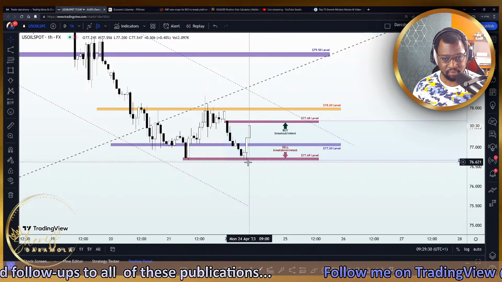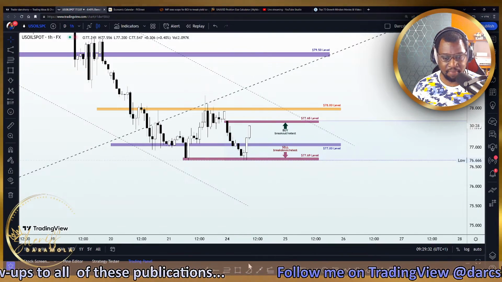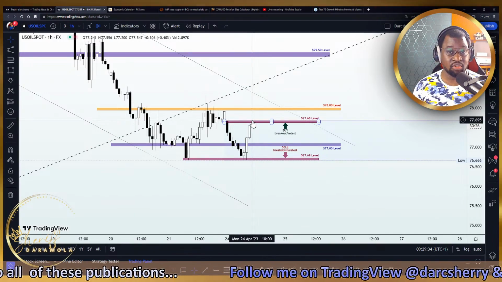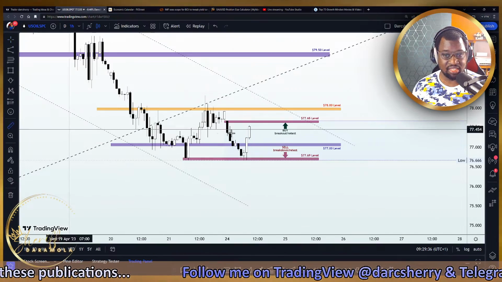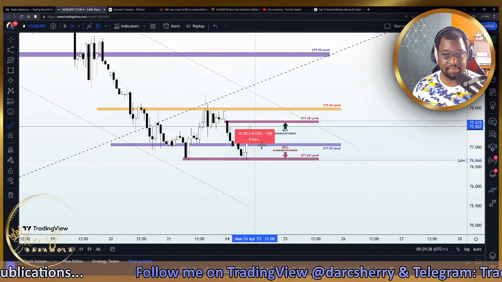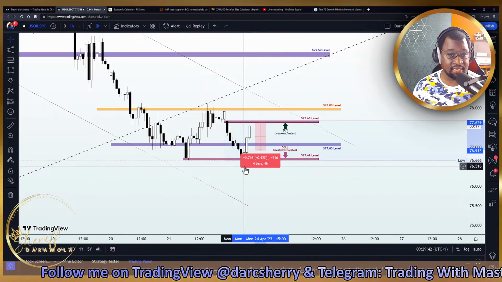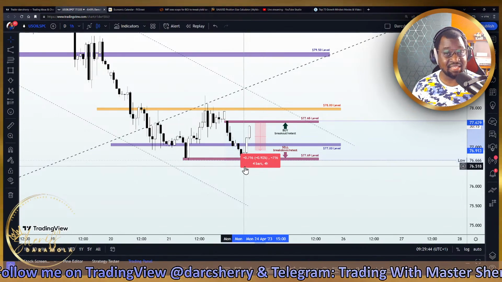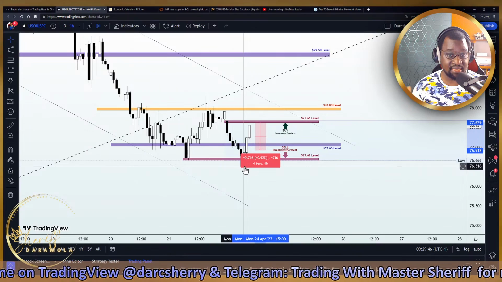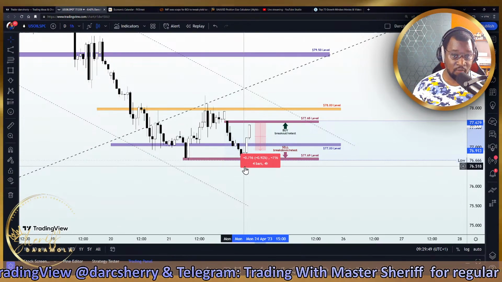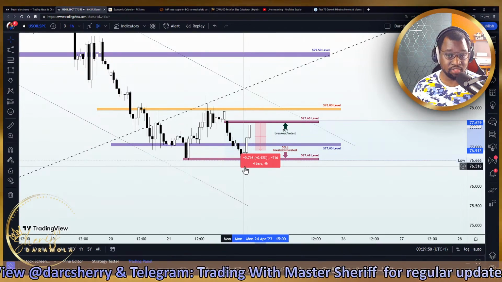So at this point, we could have a buy stop order above the $77.65 level, with a stop loss sitting somewhere right below the $77 area, which will be around 65 to 70 pips as our stop loss. And let's see how price action will be playing out from this point.